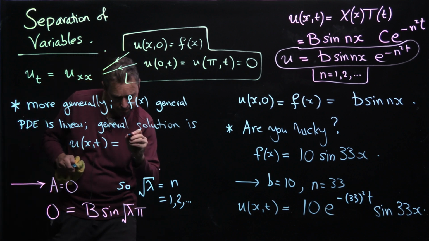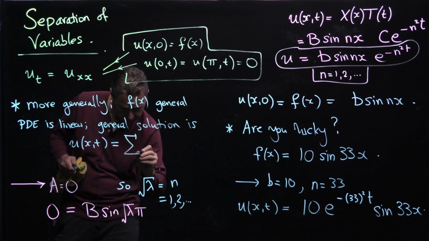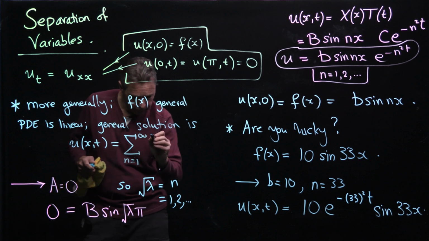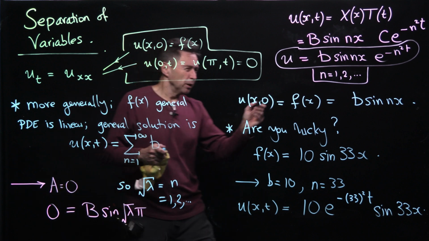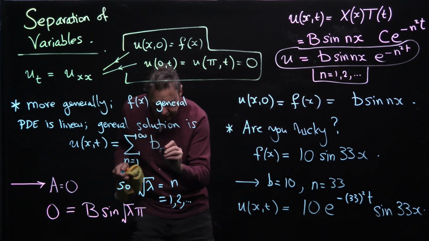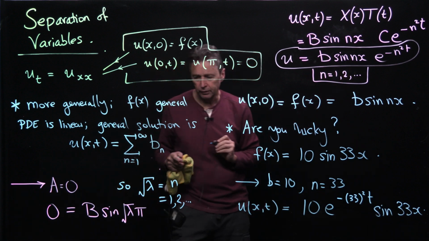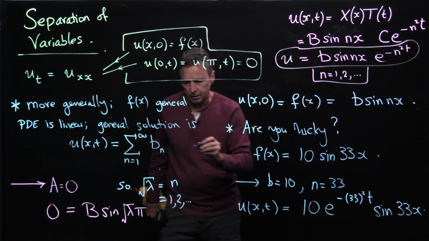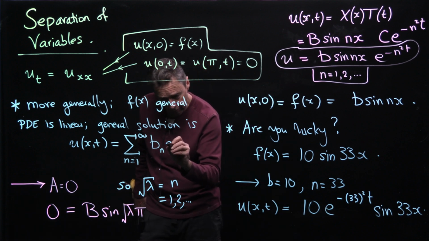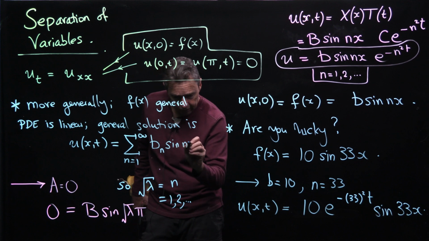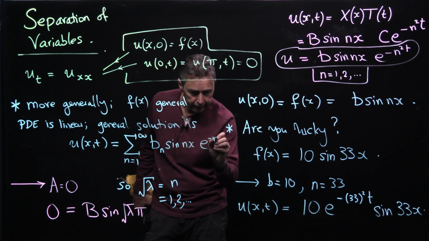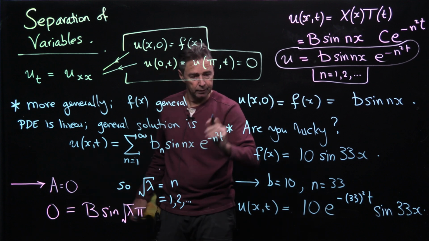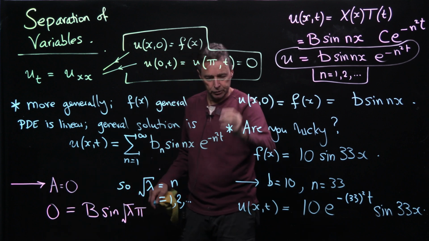So I've got a sum over n, where n's going to go from 1 to infinity. I've got a b, which might be different for each of these. So let's put all of the different constants as b sub n to allow for that. Then I've got sine nx e to the minus n squared t. Right? That's my general solution.